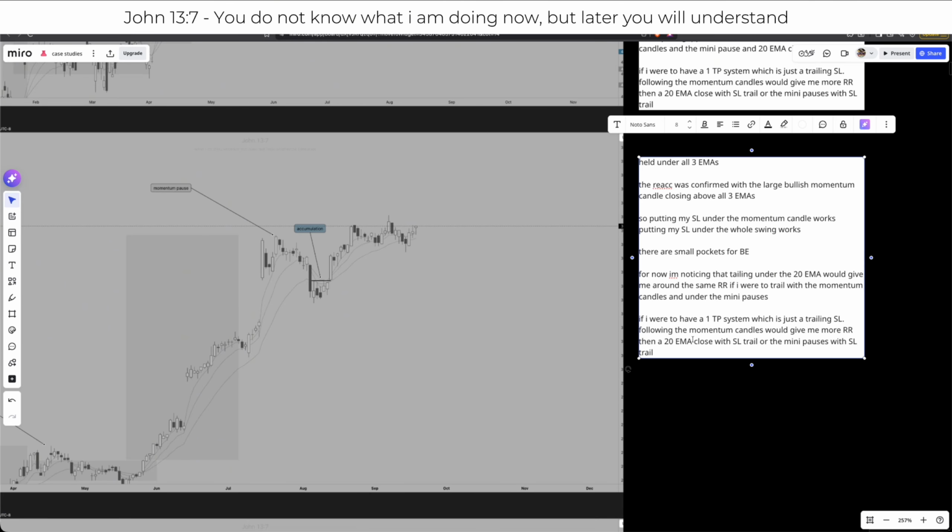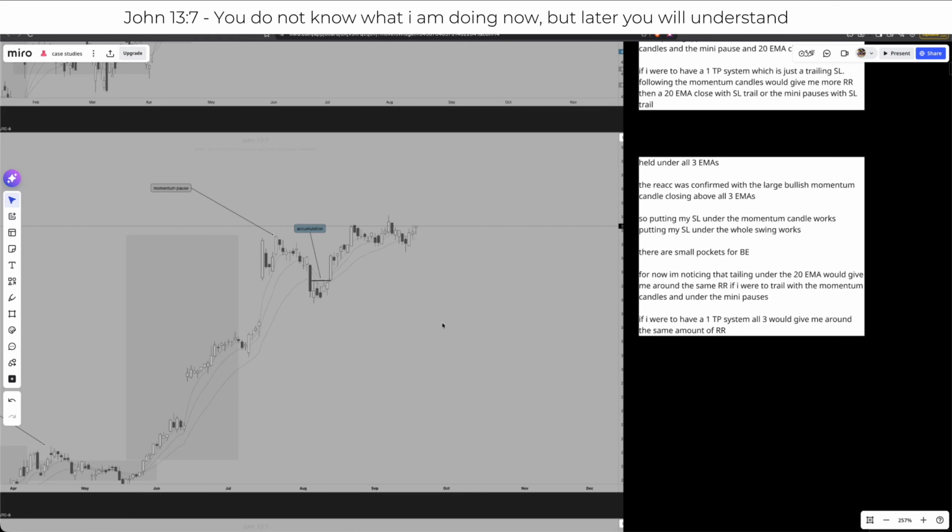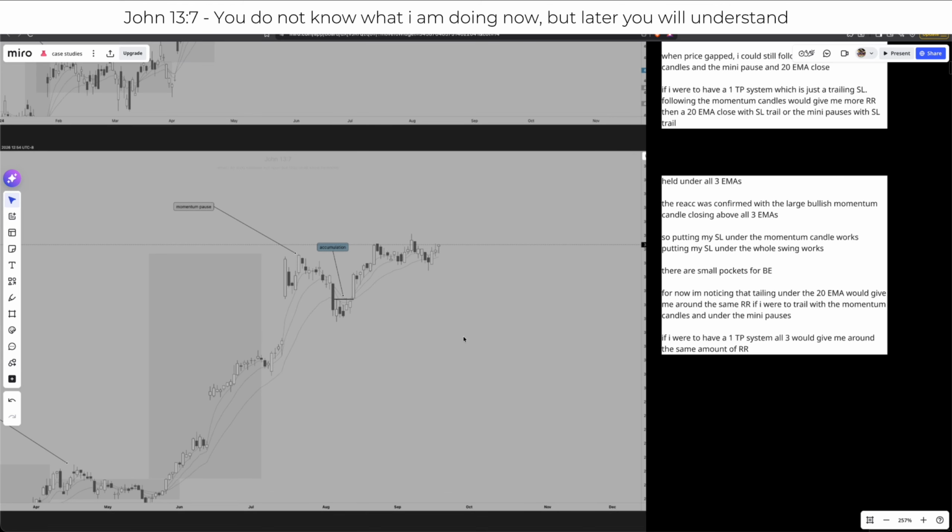If I were to have the one piece showing all three of RR. Oh, okay. So I can probably do a lot better with this.